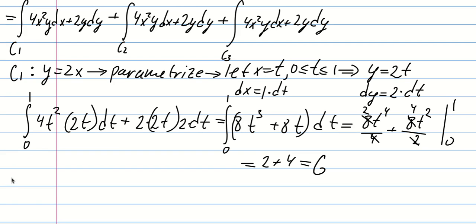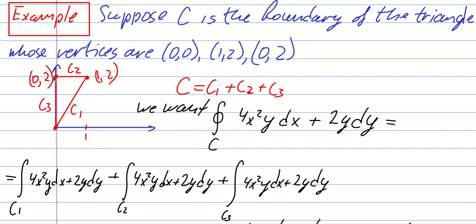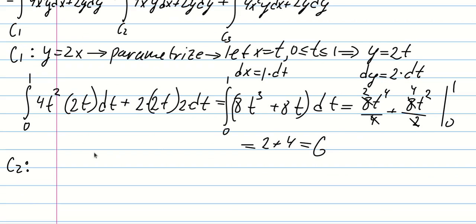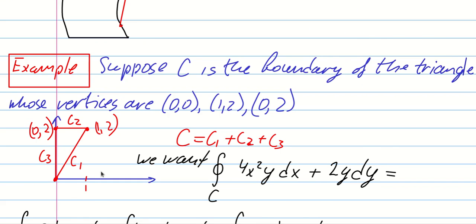So now we move to C2. C2 is this line over here, which is y equals 2. Then dy is equal to 0. And we want x to be between this point and this point, so from 0 to 1, right?